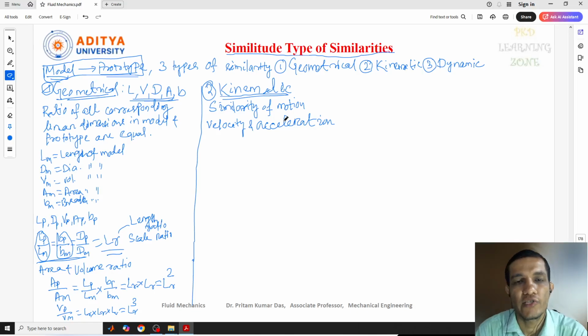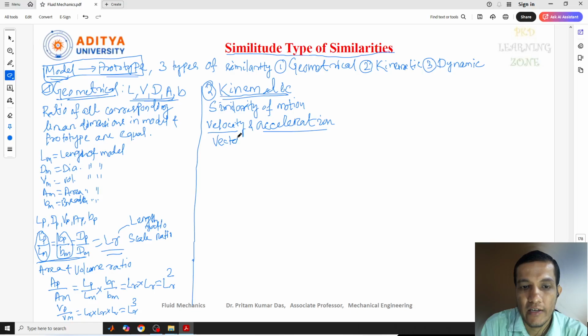Each and every position needs to be checked in the prototype as well as in the model, so both should be similar. Similarly for acceleration. Velocity and acceleration are vector quantities, so two things need to be similar: magnitude as well as direction.